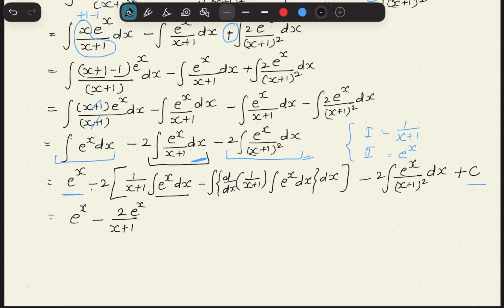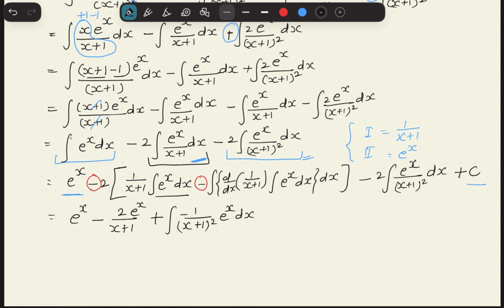Now this minus and this minus, after their multiplication, we will get plus the integration of 1 upon x plus 1 whole square e to the power x dx.